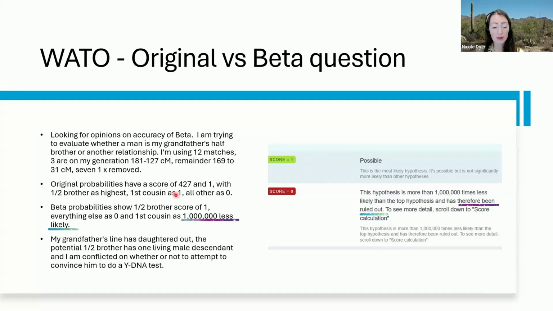So both are giving us the same answer, just in a little bit of a different way. It sounds to me like maybe the targeted testing isn't needed, because both of the probabilities are telling us that the half-brother is really the likeliest and really the only possible answer.